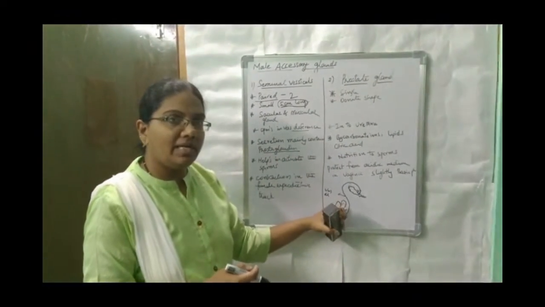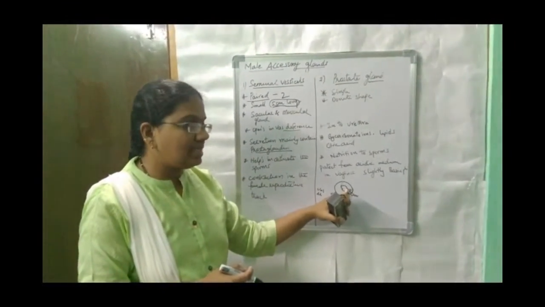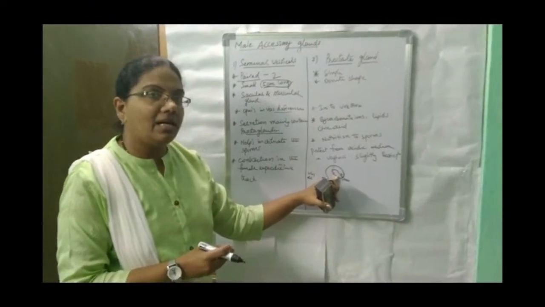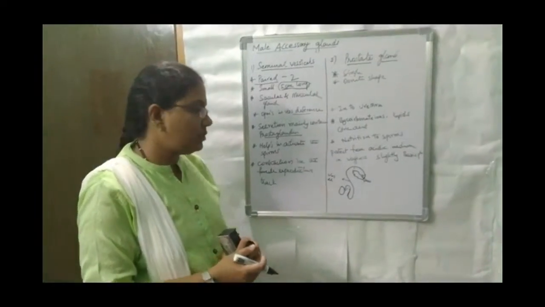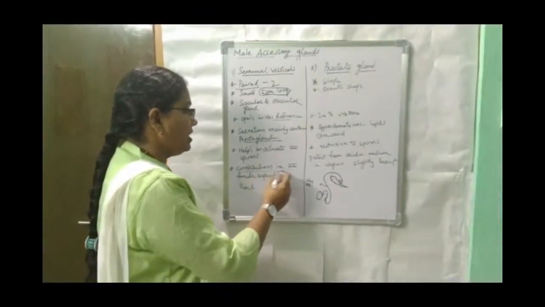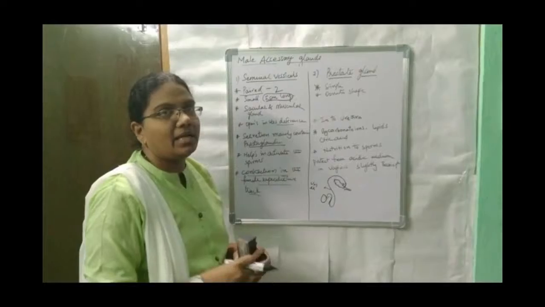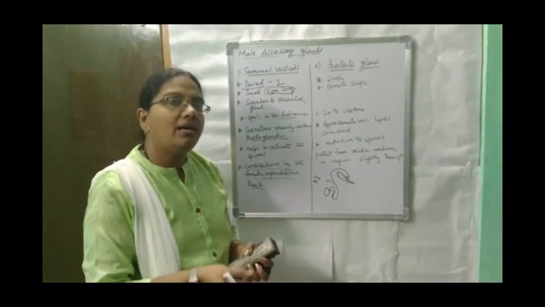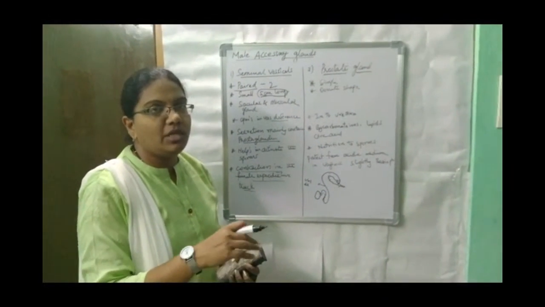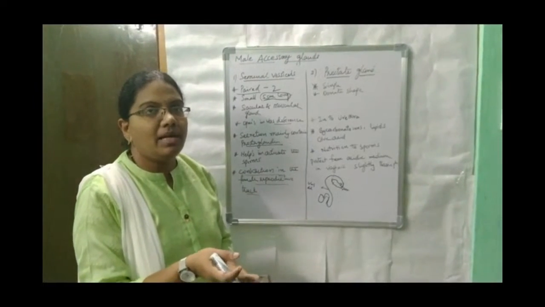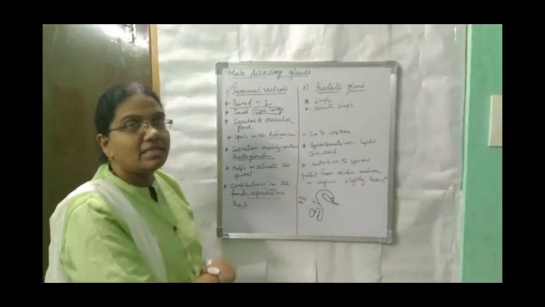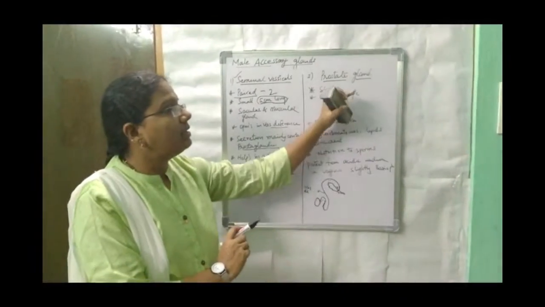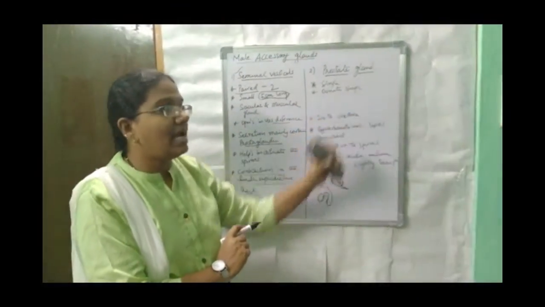When sperms are released, the seminal vesicles release secretion which helps the activation of the sperms and contraction in the female reproductive tract. In reproduction, the male releases the sperms into the female reproductive tract, which is helped by seminal vesicles. The next gland is the prostate gland.